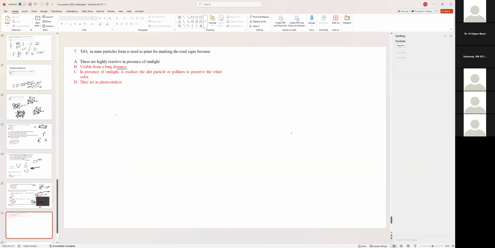They themselves are not reactive, but they act as a photocatalyst, oxidizing the dirt particles and pollutants, maintaining their white color. So all three are correct.